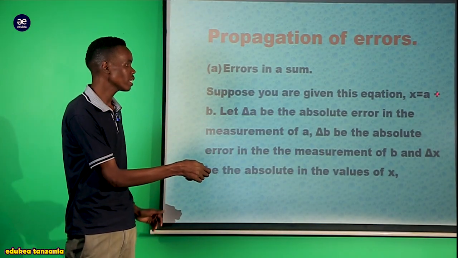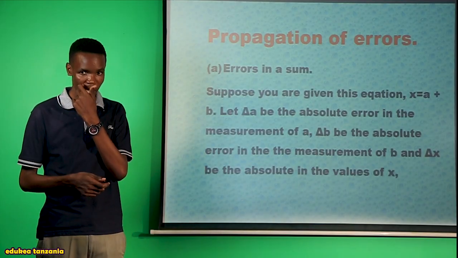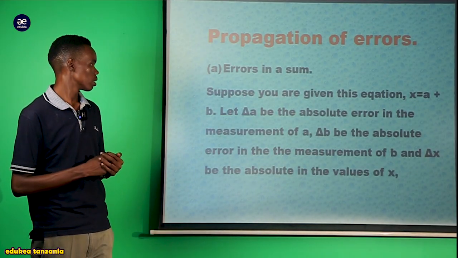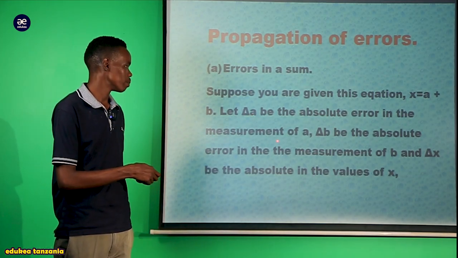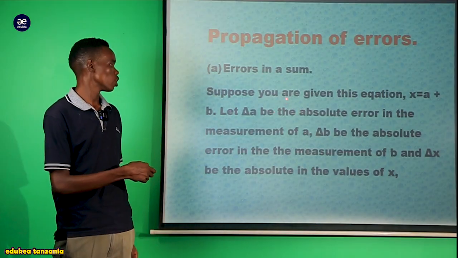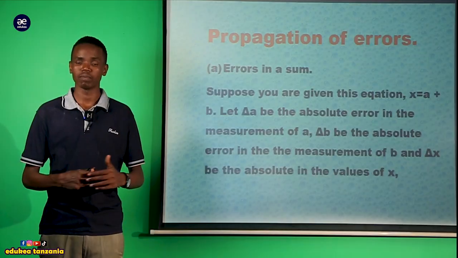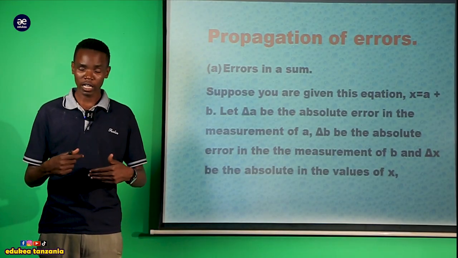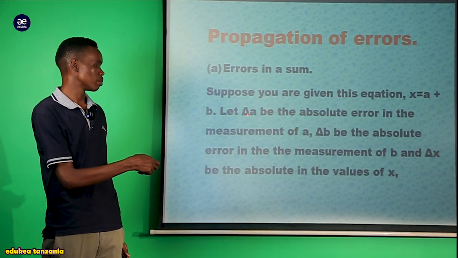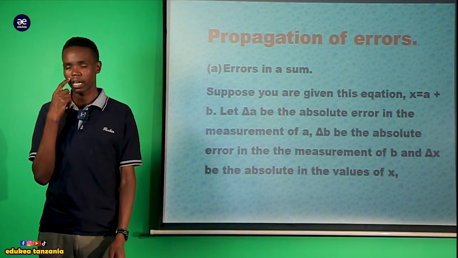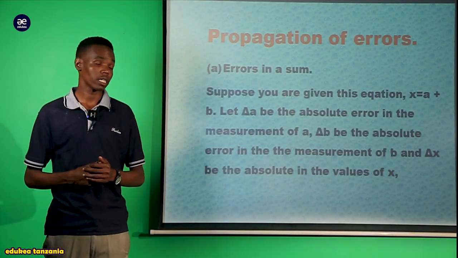As you know, we have these two variables, and we combine them by applying addition. We let ΔA be the absolute error in the measurement of A. During measuring the value of A, we obtain errors in A, which can be represented by ΔA, the absolute error of A.